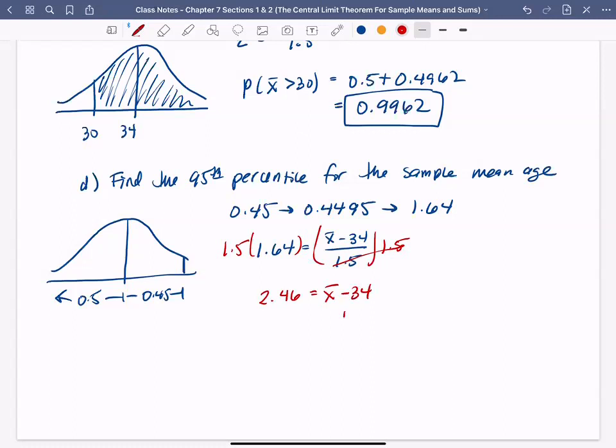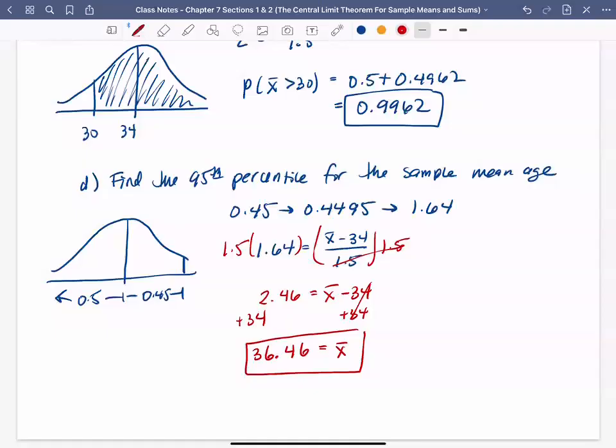Next, we add the 34 to both sides to get rid of it over there. And we end up with 36.46, which is our value. So this says that the 95th percentile for the sample mean age is 36.46 years old.